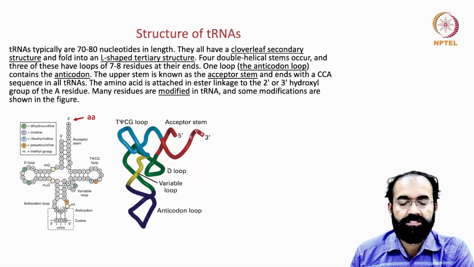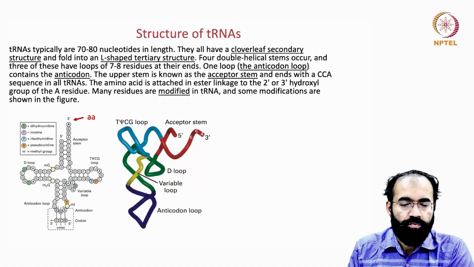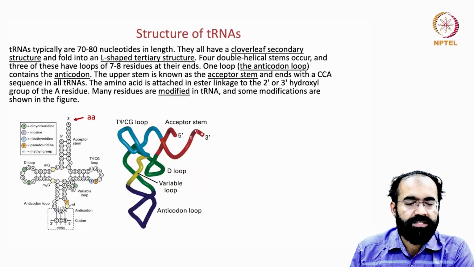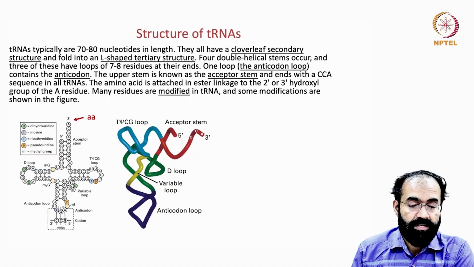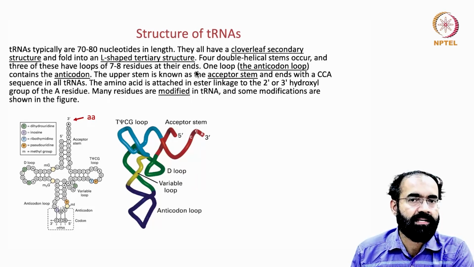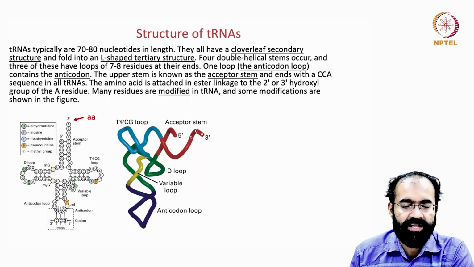So the secondary structure is cloverleaf and the tertiary structure is L-shaped. 4 double helical stems occur, and 3 of these have loops of 7 to 8 residues at their ends. And there is the CCA modification we discussed in the earlier classes, which is a post-transcriptional modification. Every tRNA should have a CCA end at the 3' end.